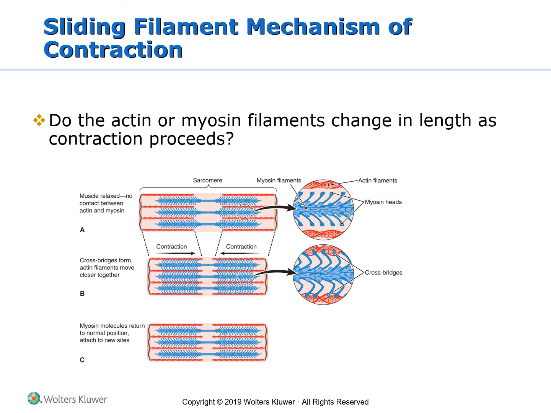Once they contract, in image B, the cross bridges will form and the actin filaments will be pulled in by the myosin, resulting in a contraction. Once the muscle relaxes, the myosin will return to its normal position.